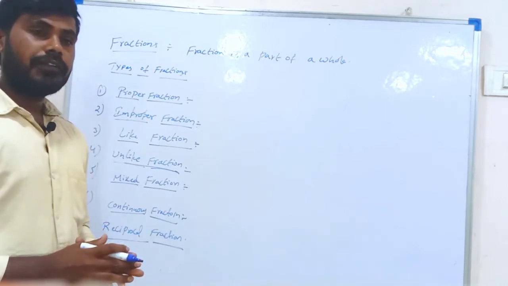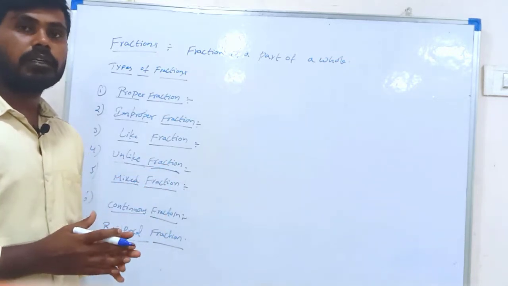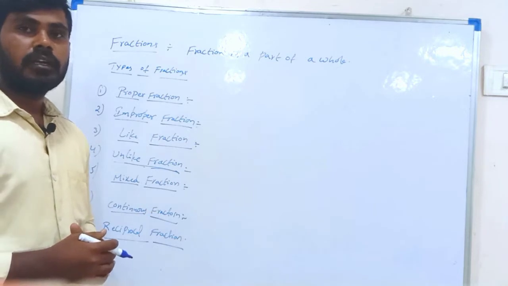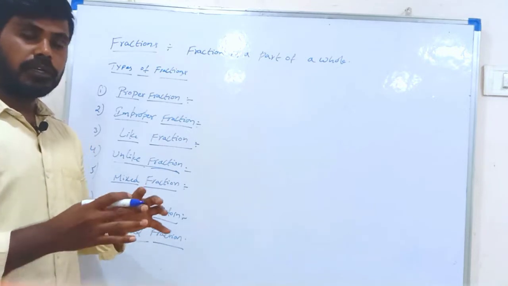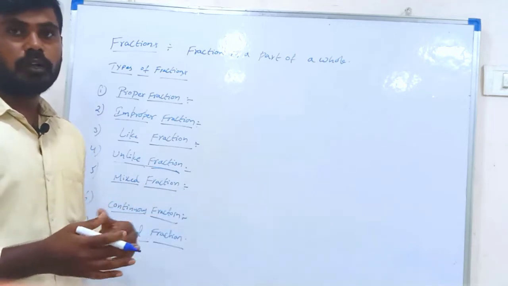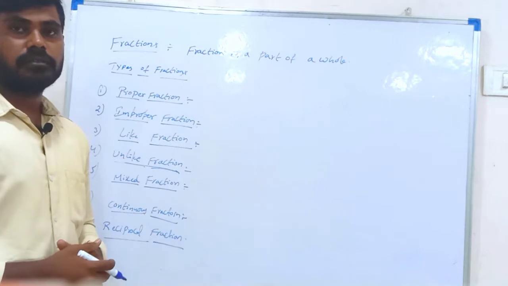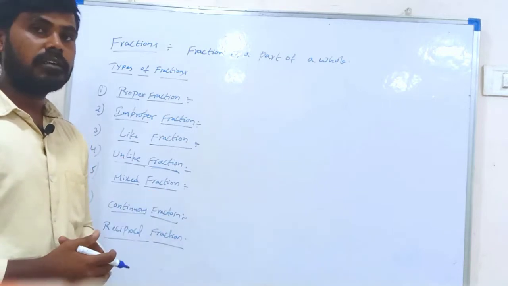It means if you take a figure, or a shape, or a picture, and we divide this shape or picture into some equal parts, then each part is represented as a fraction.